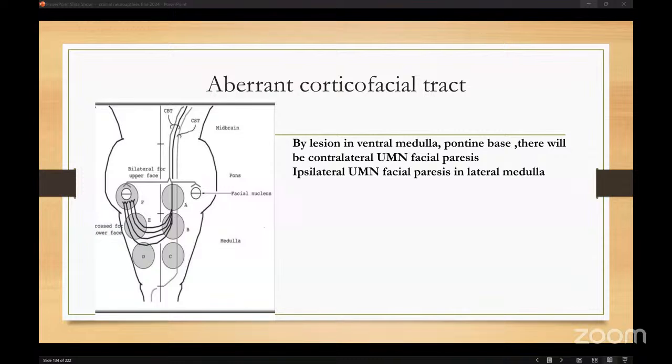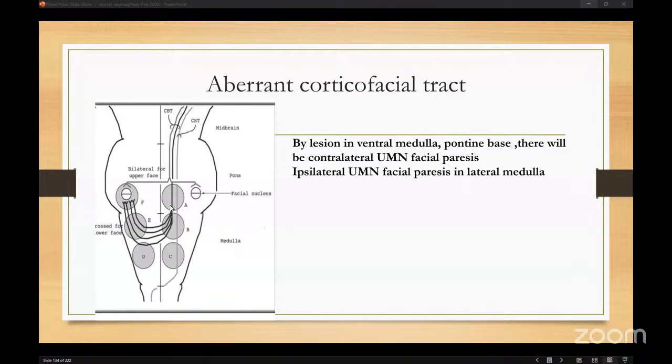Okay. Then normally we know that the corticobulbar tract comes and it synapses on the facial nucleus on the opposite side. Sometimes the corticobulbar tract may descend ipsilaterally into the pons, then it goes into the medulla, and in the lower part of the medulla it crosses over and goes to the opposite side and ends in the contralateral facial nucleus.